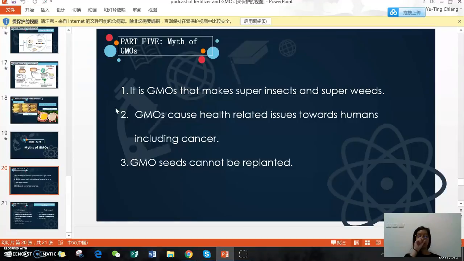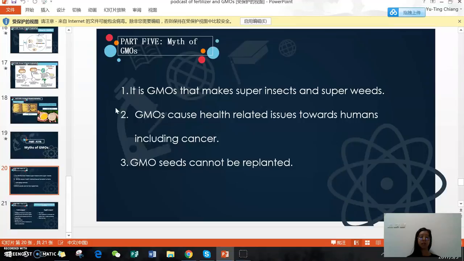But this idea is not true, because most farmers buy seeds each year, even if it was GMO or not, even if it was normal seeds. It is because replanted seeds can lead to inconsistent and diminished harvest.